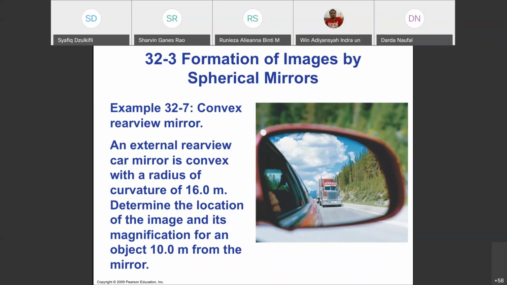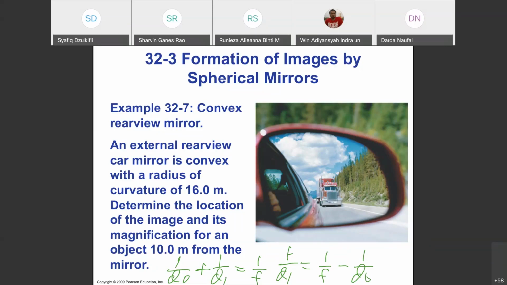For a convex mirror we still use the same formula, 1 over dO plus 1 over di equal to 1 over F. The question is di, so 1 over di equals 1 over F minus 1 over dO. DO is given as 10 meters. The radius is 16, so F is 8, because the focal point equals radius divided by 2.